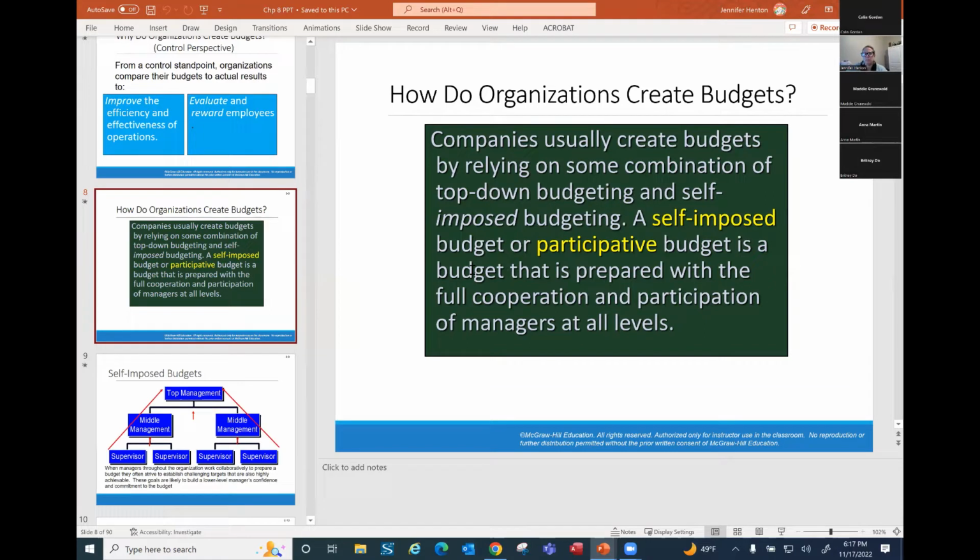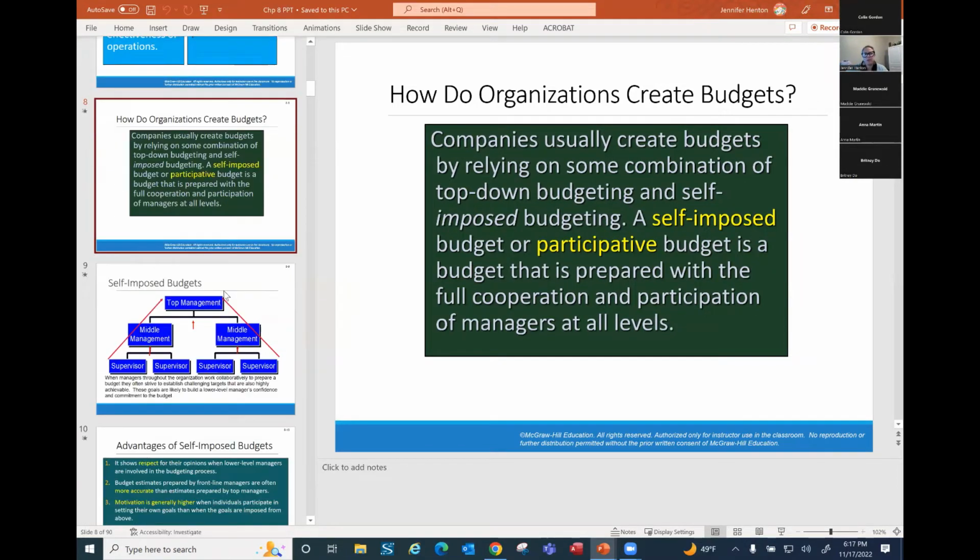A self-imposed budget, or participative budget, is a budget that is prepared with the full cooperation and participation of all managers at all levels. This is what I've experienced at the places that I've worked: it's usually a joint effort of managers at different levels providing input into the budget.